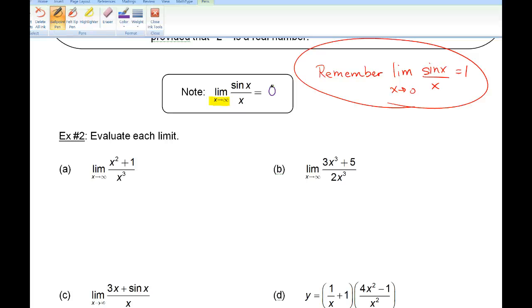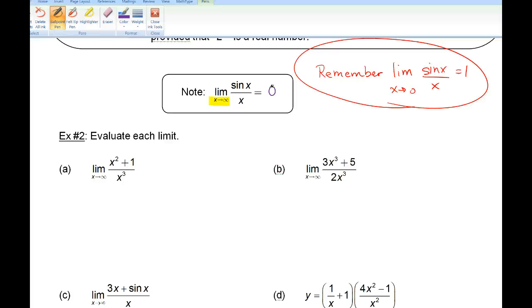Think about the denominator. It's approaching infinity. So if I have 1 over infinity, or negative 1 over infinity, or any constant over infinity, what is that? 0. So even though this is oscillating, sine x goes up and down, it stays between negative 1 and 1, but the denominator is getting increasingly large without bound. This whole thing is approaching 0.